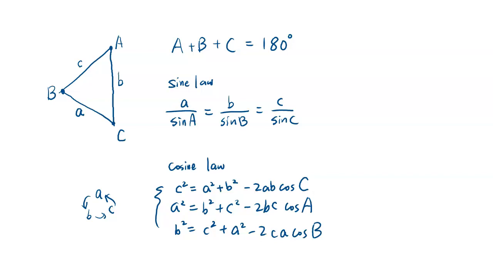So when do you use it? Well, we're going to be using this frequently, and it's very easy. The only problem is when do you get to use sine law and when do you get to use cosine law? Well, the short answer is this. You use the sine law if you have just one side known, and you use the cosine law if 2 or 3 sides are known.